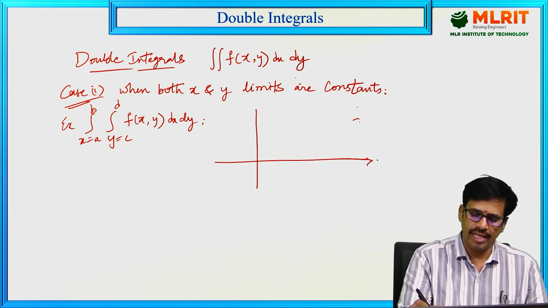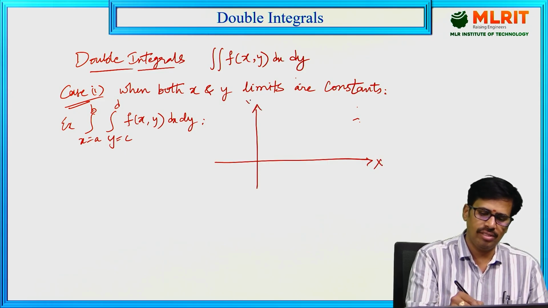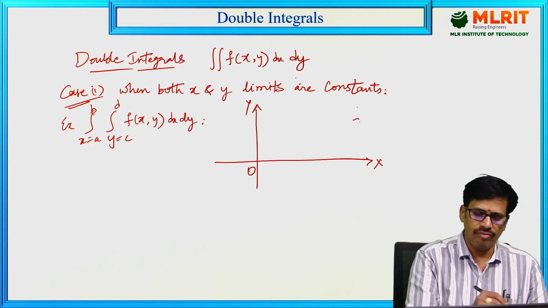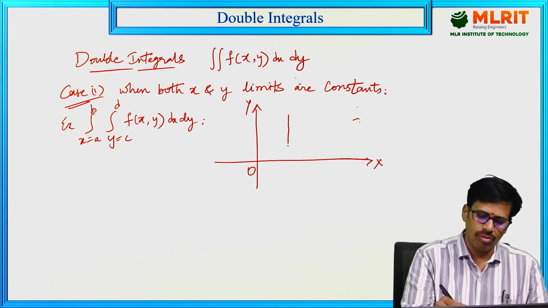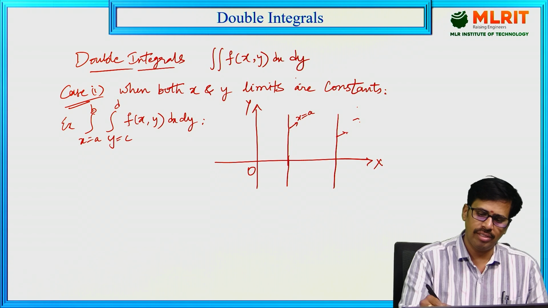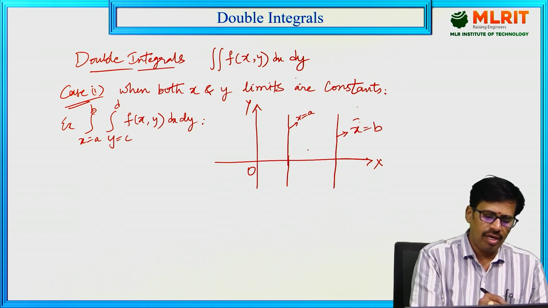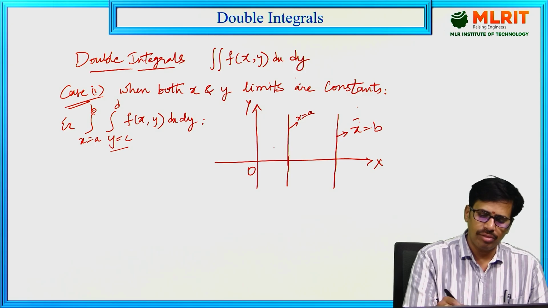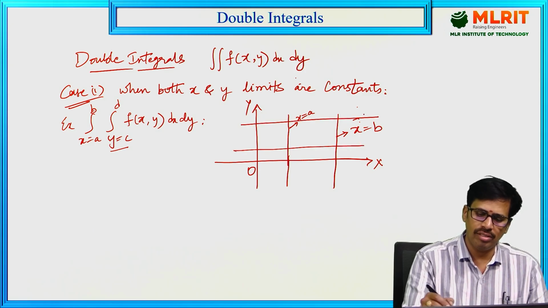So this is the x axis and this is the y axis, this is the origin. X varies from a to b, so this line represents x equal to a, and this line represents x equal to b. Similarly, y varies from c to d, so y equal to c is this line, y equal to d is this line.